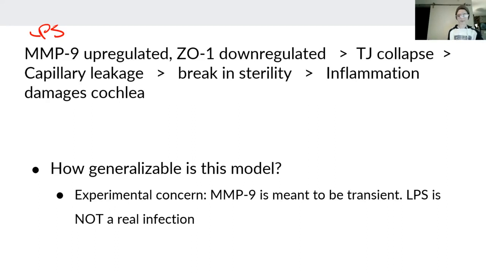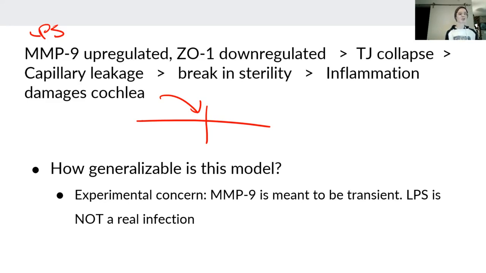And so at this point, it is important to discuss whether or not this system is generalizable, because there is a bit of an experimental concern here. MMP-9 in a typical living system is not really going to be upregulated for that long. It's a very transient molecule. If you've got this wall here, it's going to break a hole in it, and then something else is going to come in and repair it.